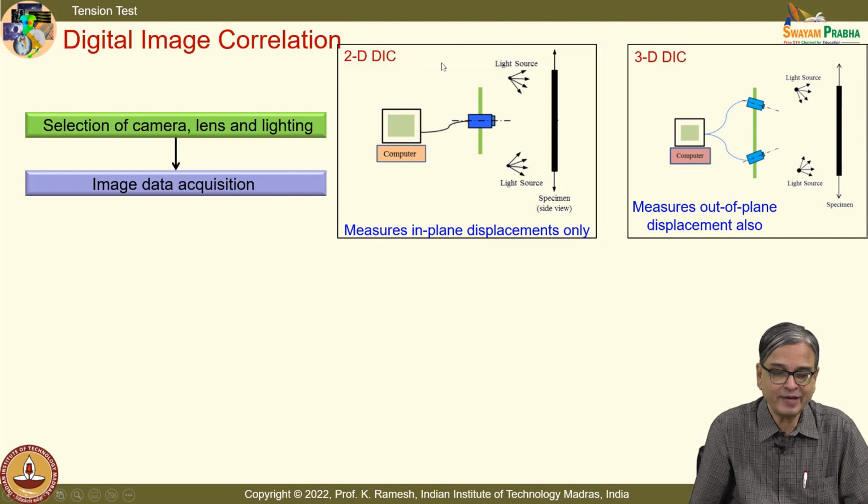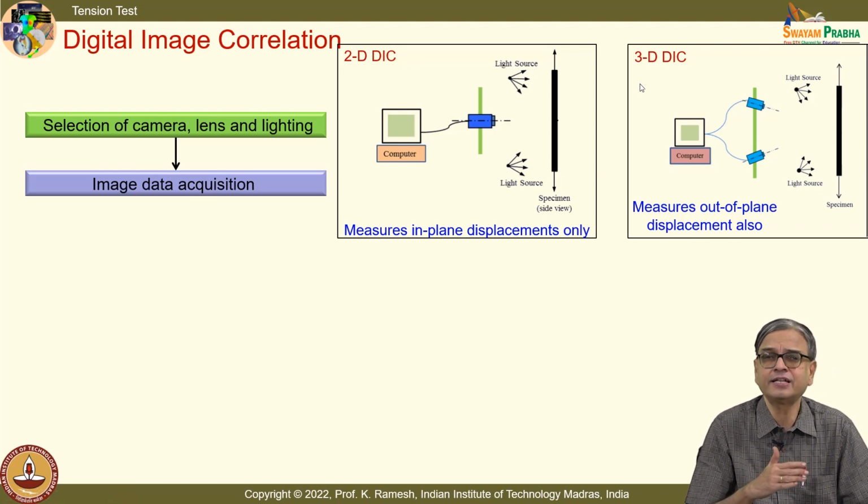I would like you to make a sketch of this. You have a specimen loaded. I have a light source, and I have a two-dimensional digital image correlation, which is cost effective, and the software is also very simple. You use only a single camera. On the other hand, if I use two cameras, that's the only difference, then I have what is known as three-dimensional DIC.